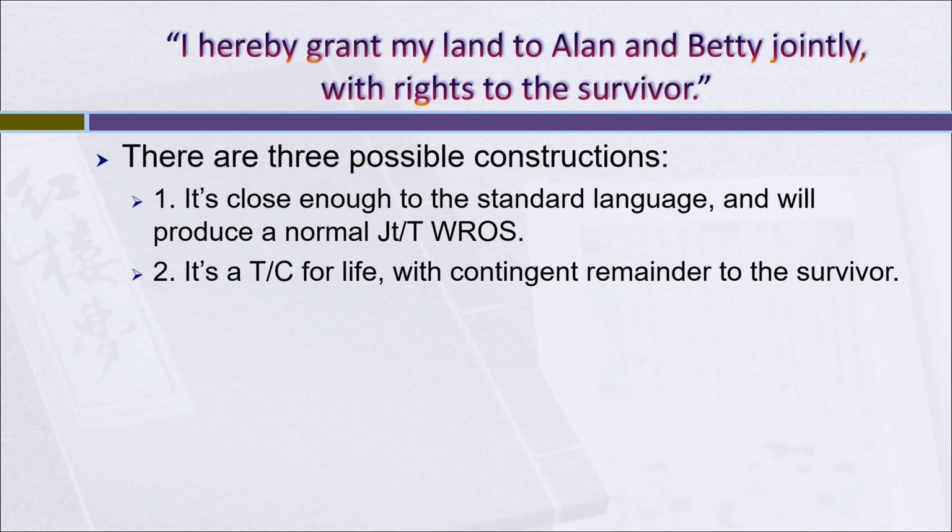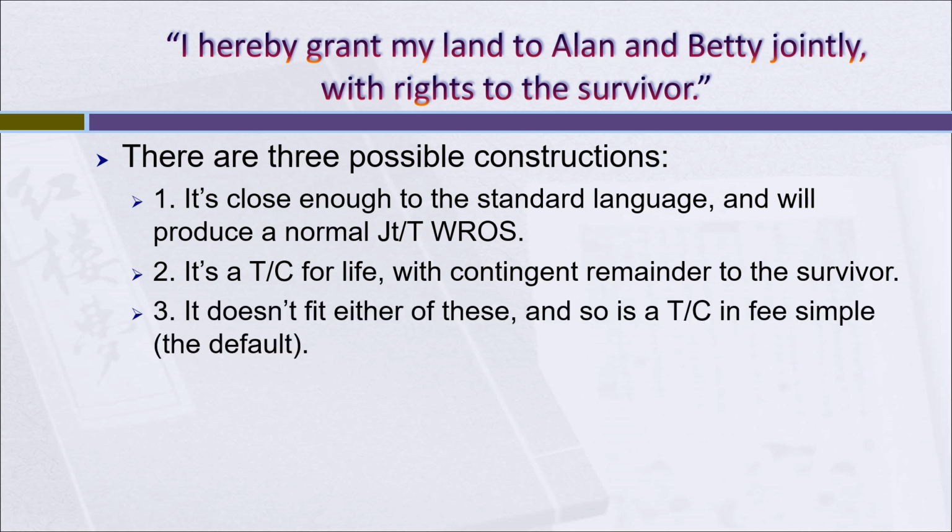That doesn't require quite the same precise language as a joint tenancy with right of survivorship, and maybe this language is close enough that a court would choose that interpretation. A third possibility is that it doesn't fit either one of these in the court's mind, and therefore the court will go with the default interpretation that it's simply a tenancy in common in fee simple.